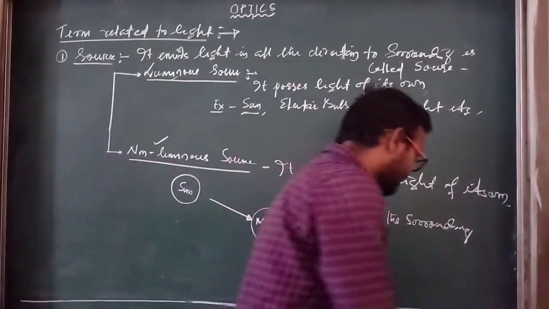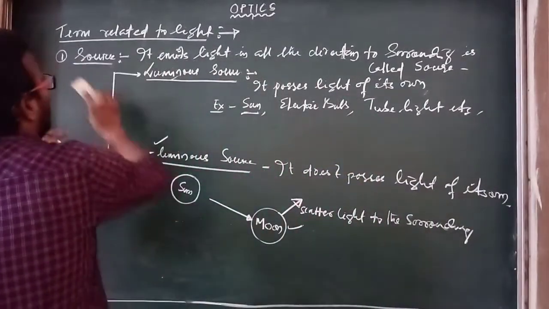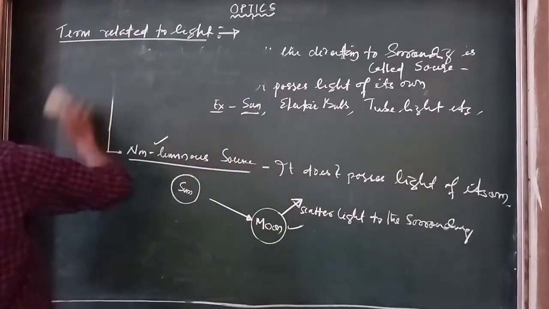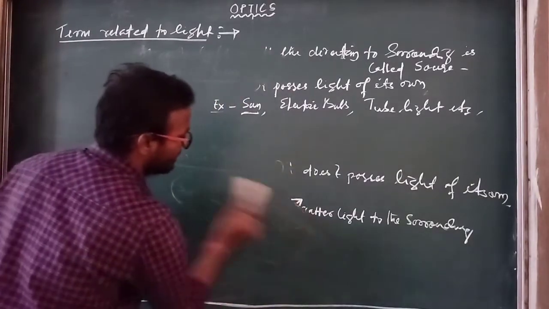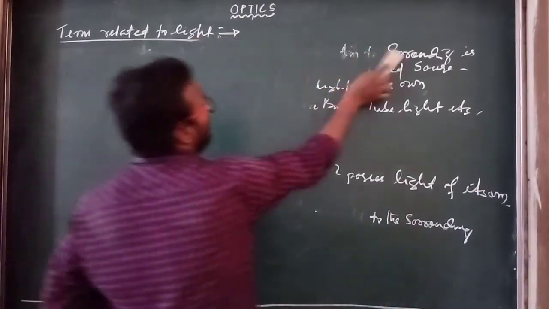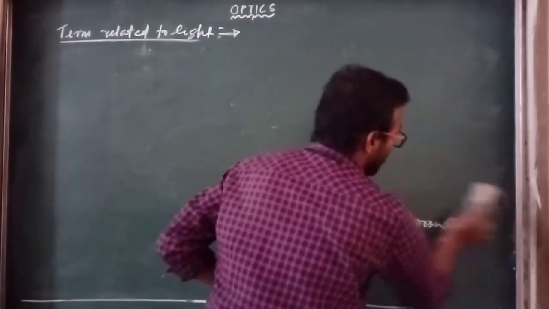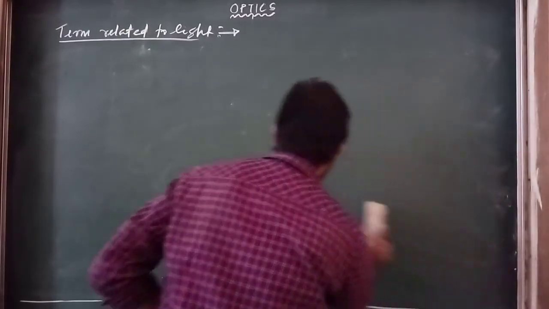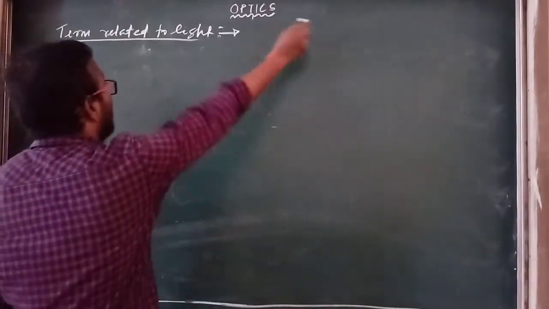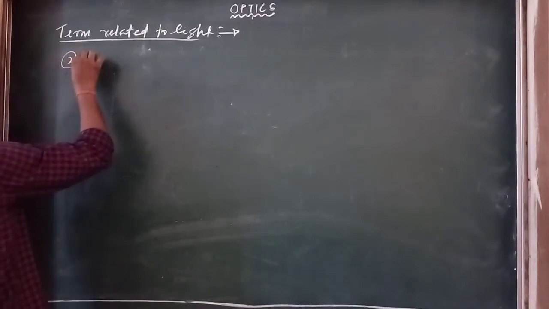Next, another term, that is medium. What is medium? Medium means the region where light propagates or travels. Light propagates through this region, and that region is known as medium.